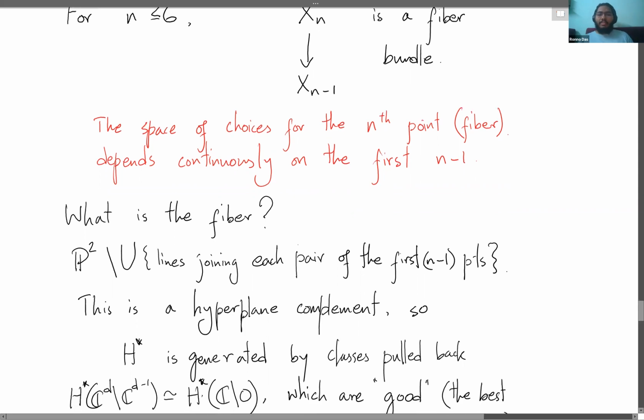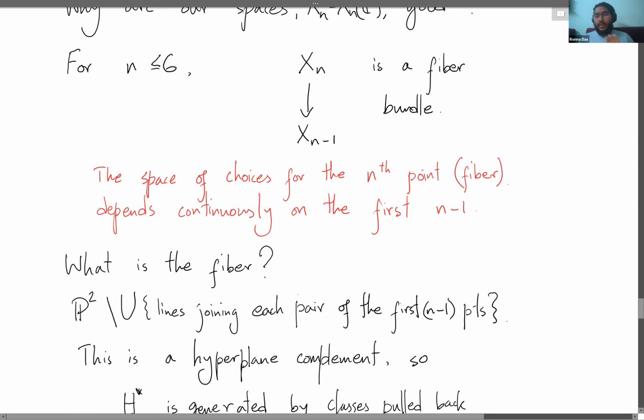Well, I already said I know the fiber. The base we know inductively, so this should be enough to compute cohomology of the total space, Xn, in terms of Xn minus 1. Well, it is, except, so you can compute the Betti numbers this way. You have to deal a little bit with the differentials, but you can do this.